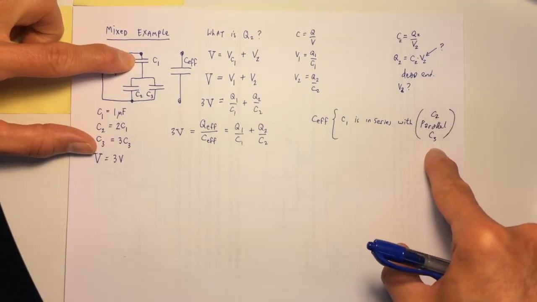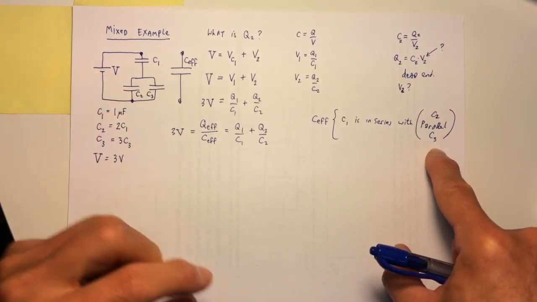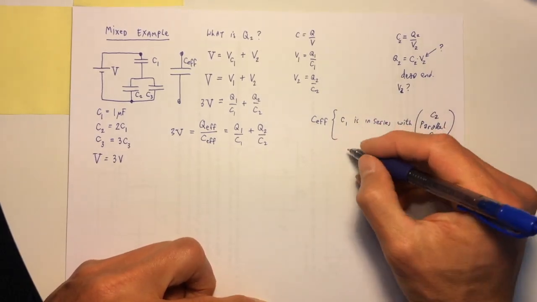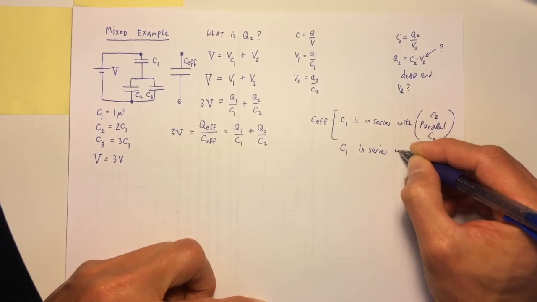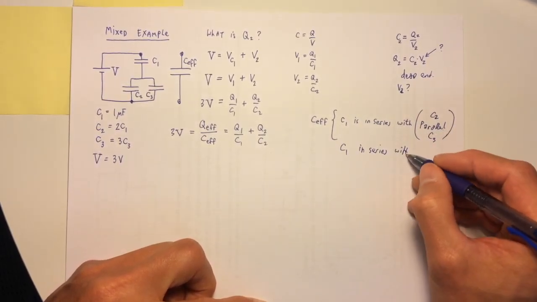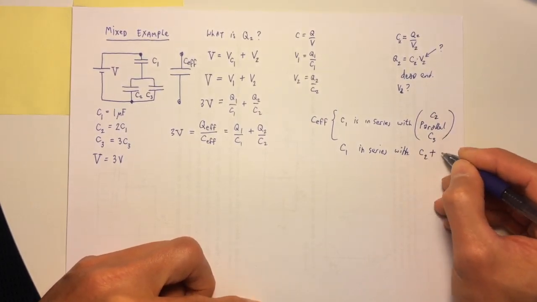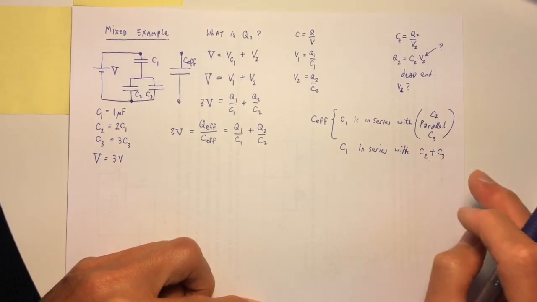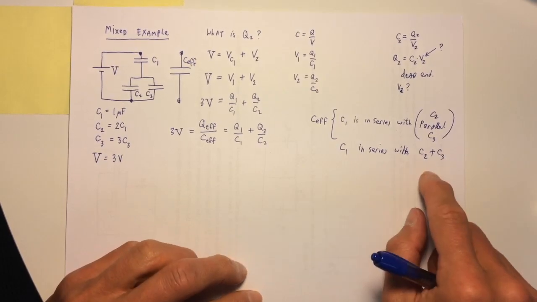The parallel combination is really easy. So C1 is in series with the parallel capacitance of C2 and C3, so it'll be C2 plus C3. C1 is in series with a capacitor, like a sub-effective C2 plus C3.